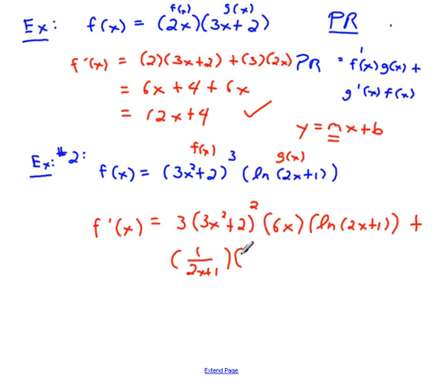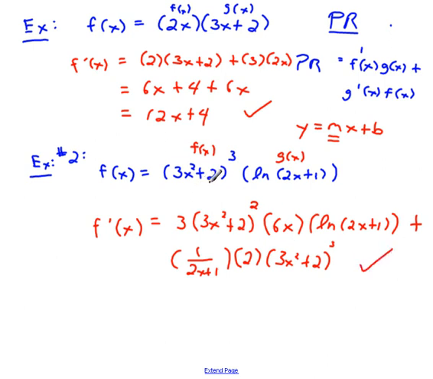What's the derivative of 2x plus 1? 2. So that's your g prime of x. And you have to multiply now by f of x, which is this part, 3x squared plus 2. Alright guys, so you can actually leave this as is, or you can maybe simplify out some terms, but I would accept it as such.